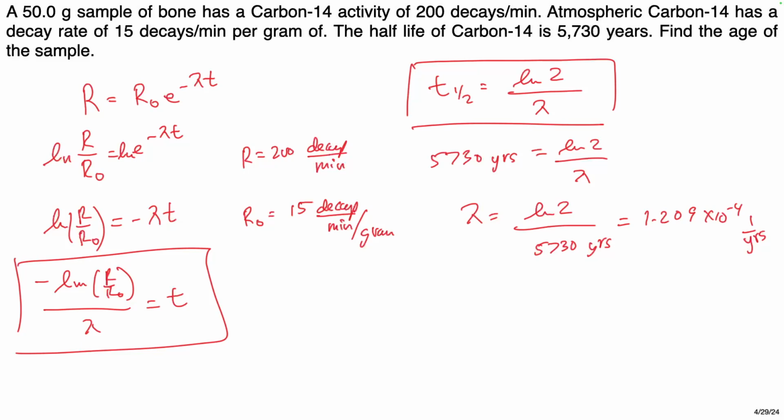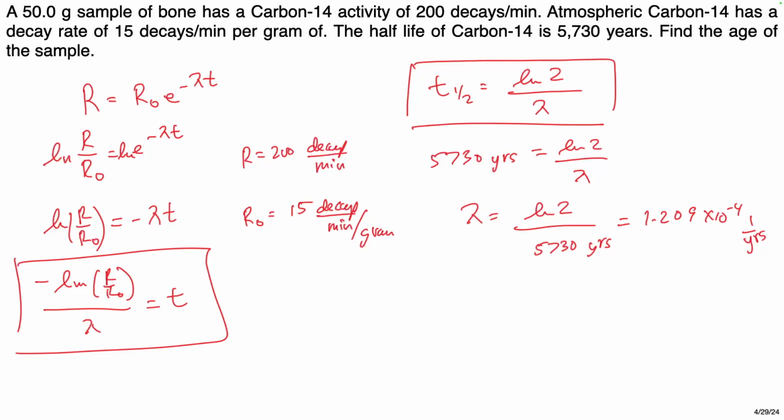If we have unit on top and same unit on bottom, what happens to all those units? They cancel each other out. So the important thing is to get them into the same units. Doesn't matter what the actual time is. Years, eons, whatever, okay? Decays, curies, whatever, right? It doesn't matter as long as they are the same, right?